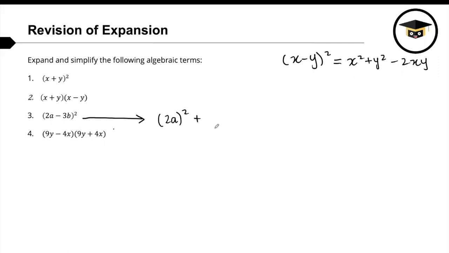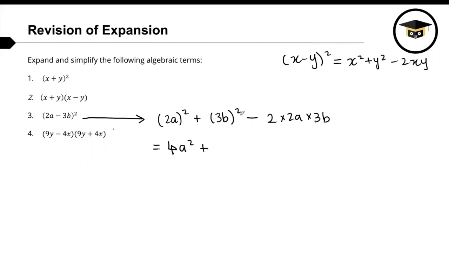Next, we have our second thing squared. So it's plus our second thing squared. Now, our second thing is 3b. So 3b all squared, and then minus twice, so 2 times the first thing times the second thing. So this is what this is going to equal. Now, as I said, 2a all squared is just going to be 4a squared.